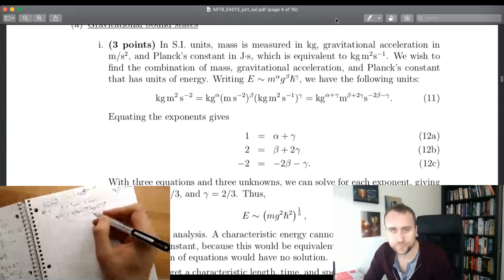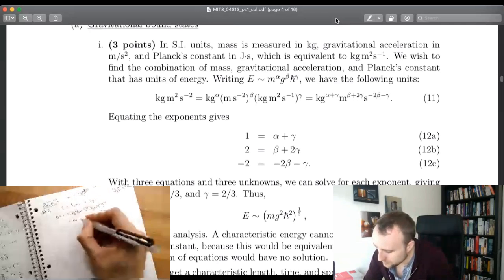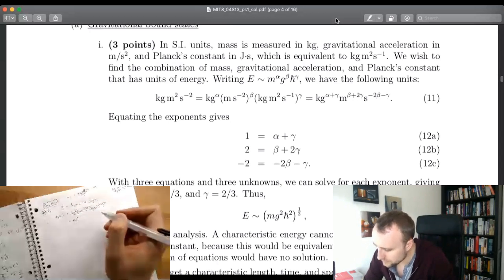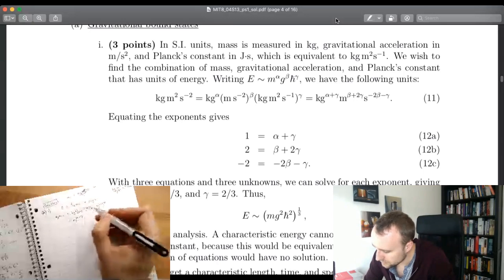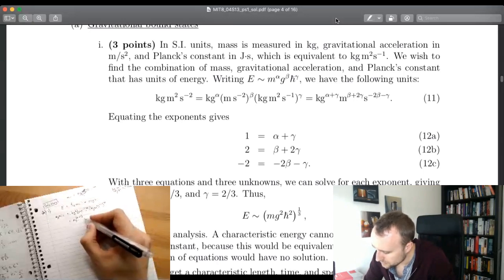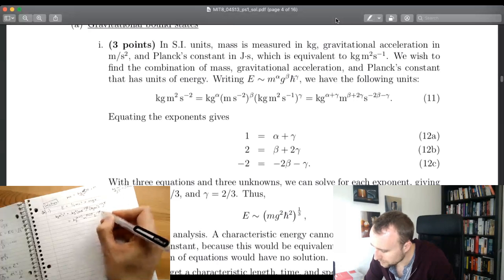So we have kilograms alpha plus 1 meters beta plus 2 this, and then the seconds is minus 2 beta.